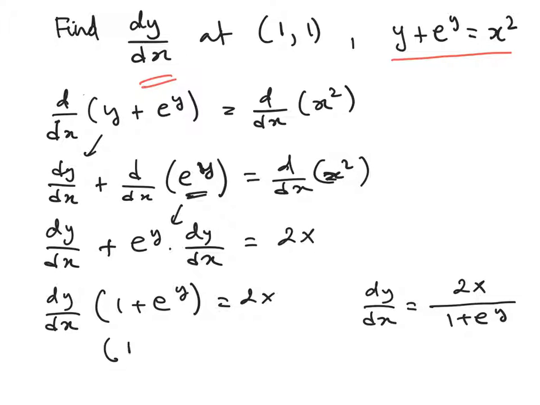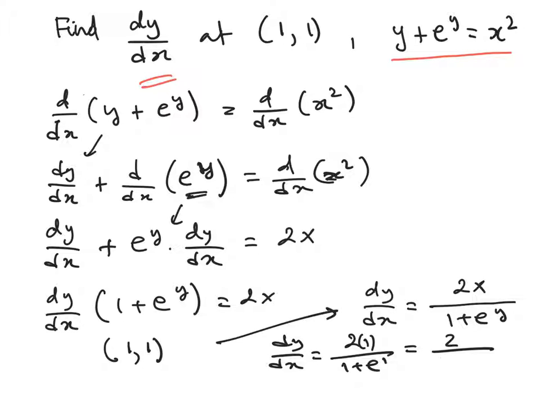Now we're given the point x equal to 1, y equal to 1. We substitute to obtain dy over dx equal to 2 times 1 over 1 plus e to the power 1, which gives 2 over 1 plus e. And this is the final answer, dy over dx at the point (1, 1).